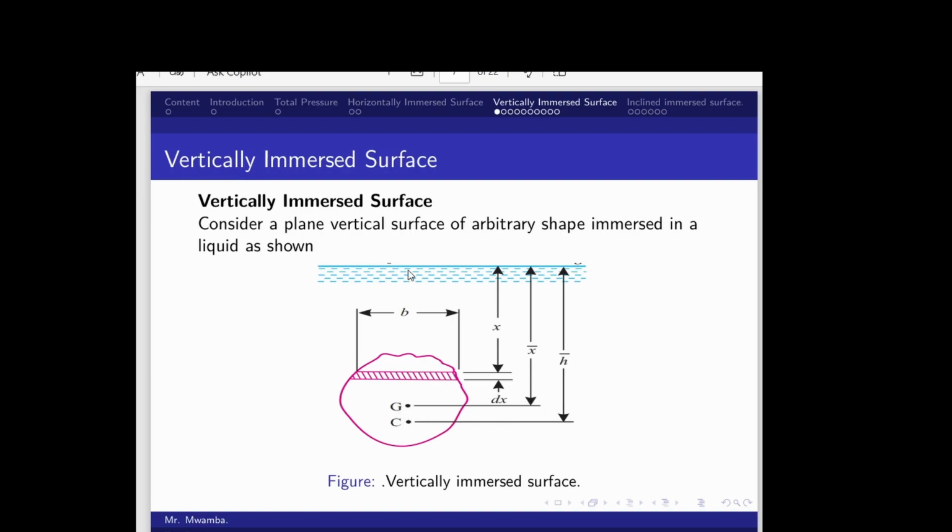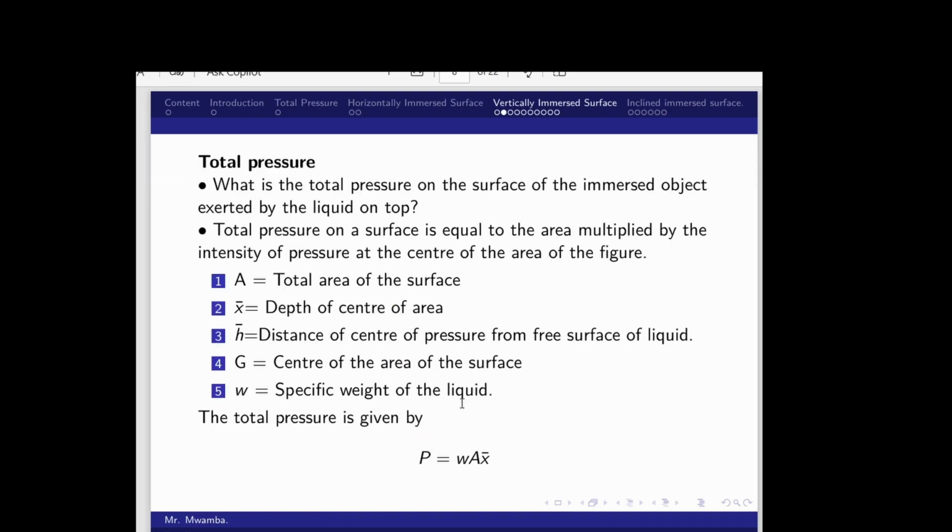From this point to the surface of the liquid, we have x bar. So the total pressure acting on a vertically immersed surface is still given by the weight of the liquid above the object, the surface area, and the height from the center of gravity.